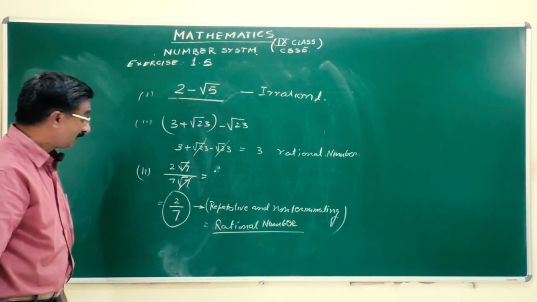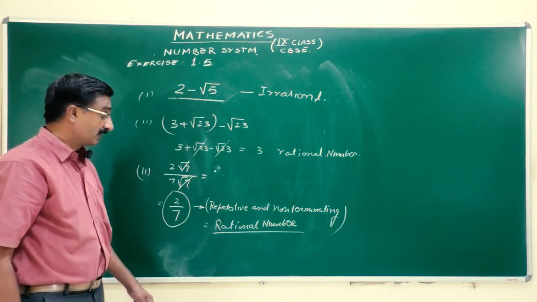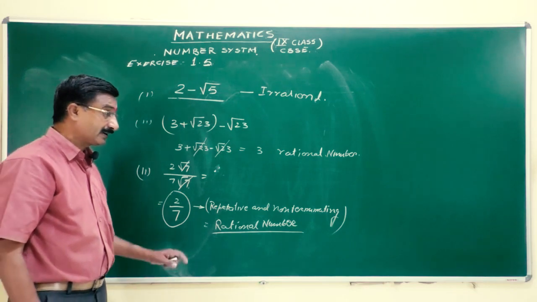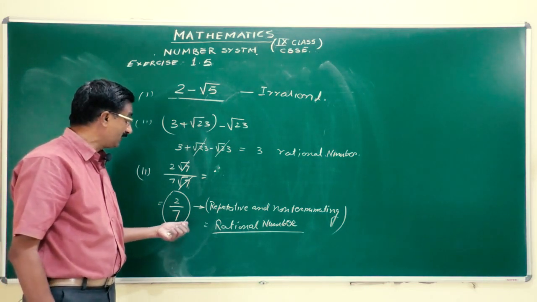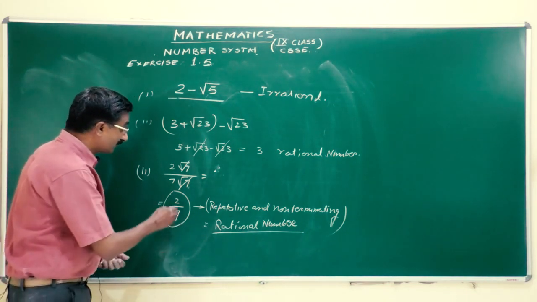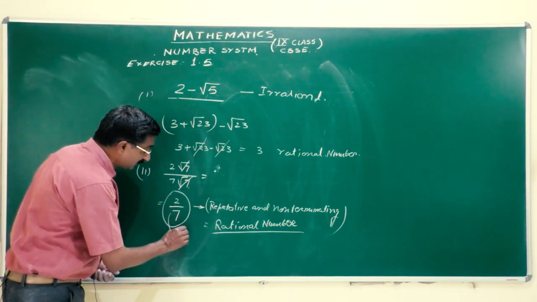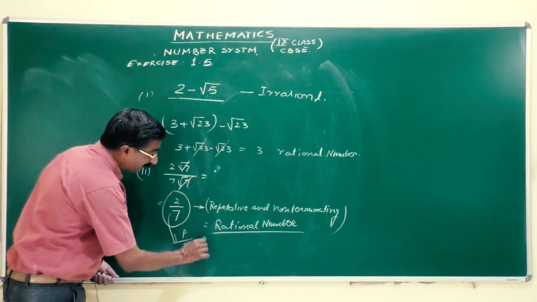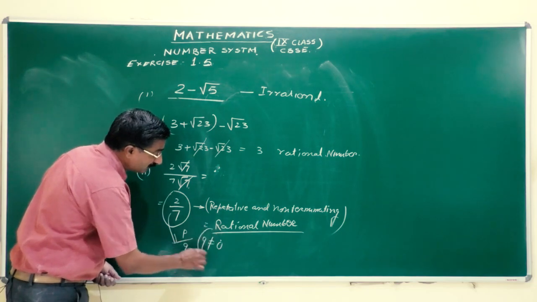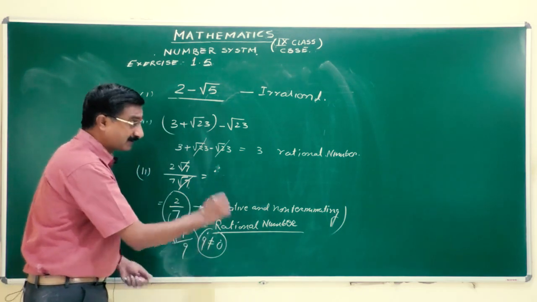This is also a rational number. This is repetitive. If it is non-repetitive and non-terminating, then it will be irrational. Otherwise, it is a rational number. Because now you can say also directly that it is in the form of p by q, where q is not equal to 0. So that's why this is a rational number.